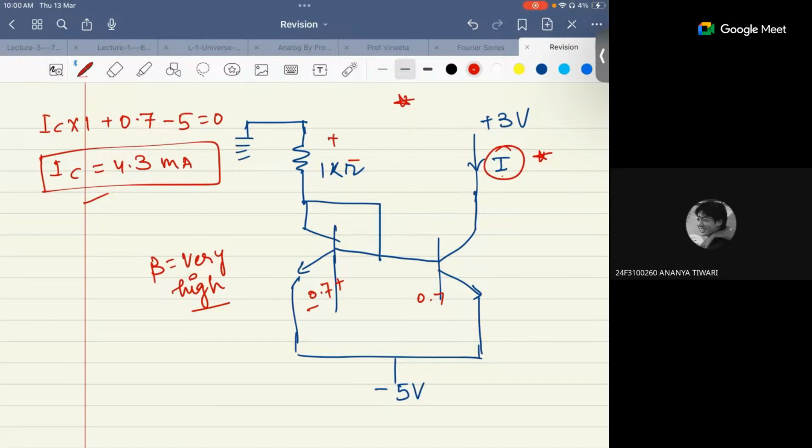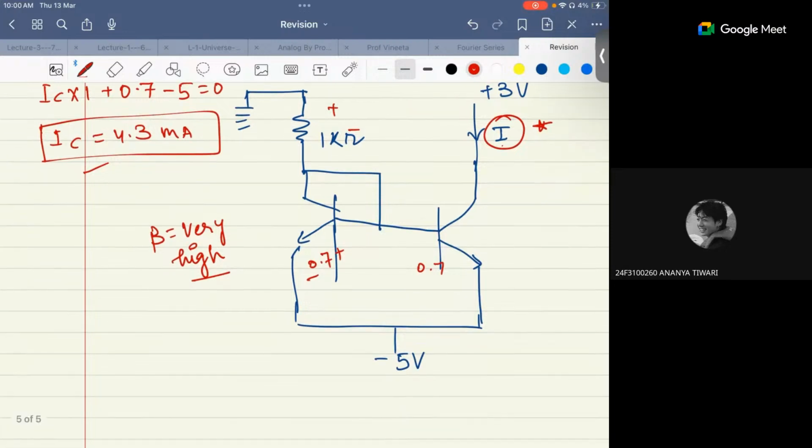in the mirroring. If you have been dealt with a different transistor, like the emitter area of the transistor one is different from the emitter area of the second, then different types of questions can be made from the mirroring. Otherwise, this is what will be asked, and in all the cases the beta will be very large.